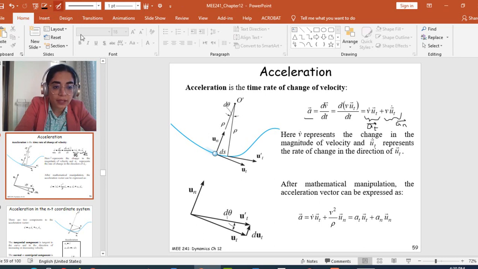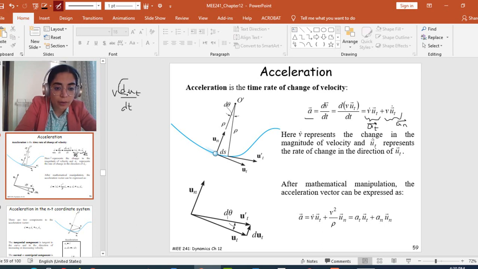So guys, v ut dot is v d ut over dt. I'm going to start by finding out what is dut. Of course, dut is a vector, right?